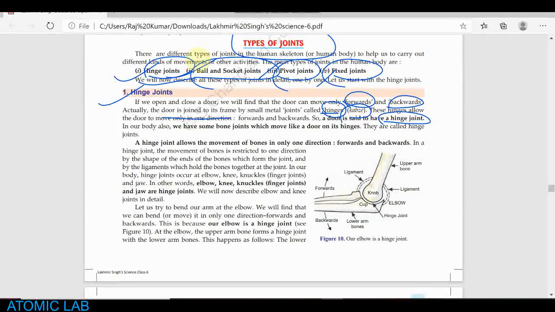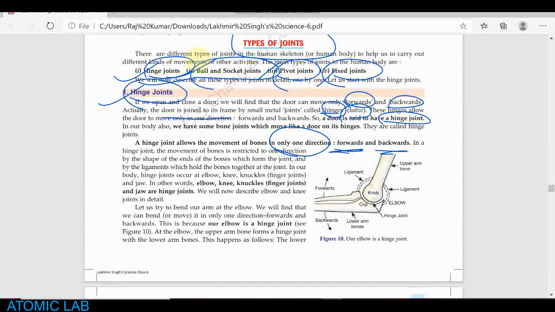In the same way in our body, some joints are known as hinge joints, because the parts of the body can move only in a single direction, either forward or backward.